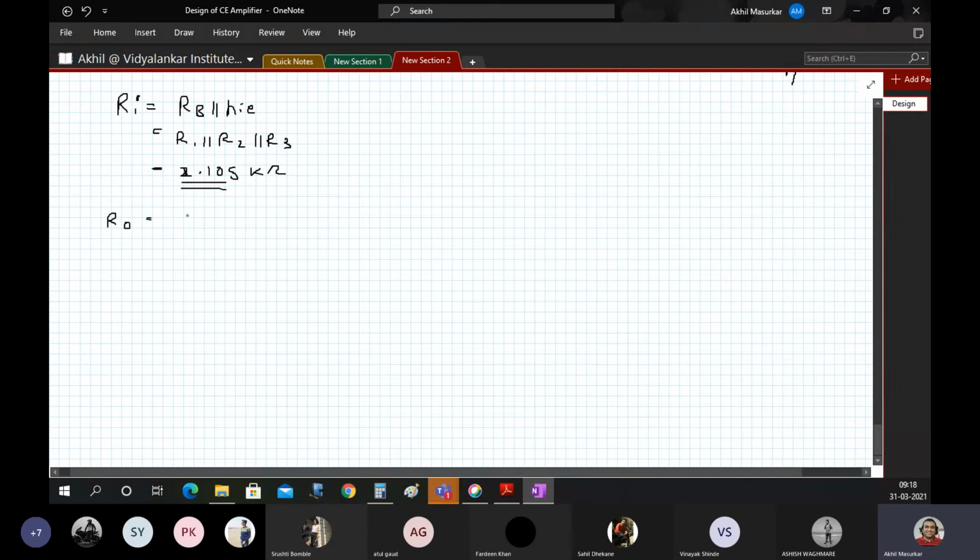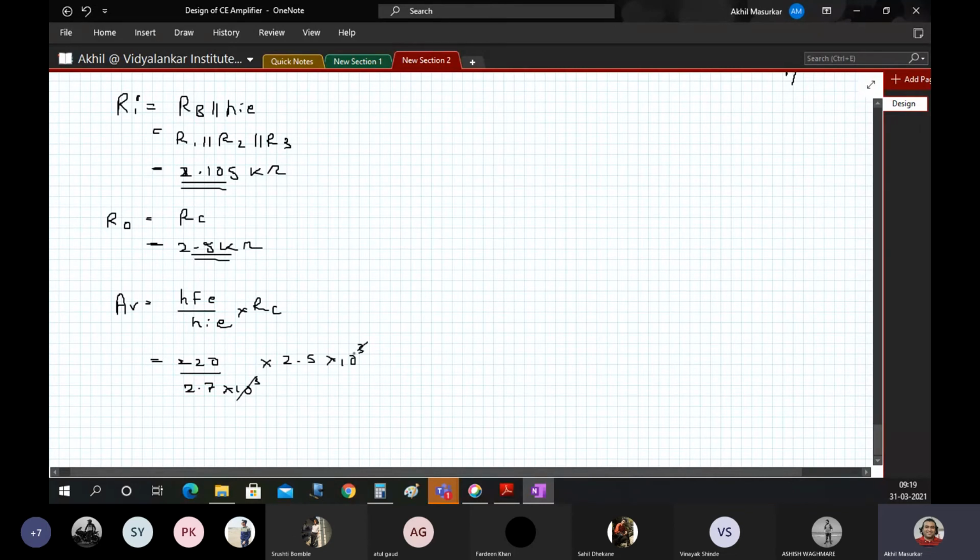Then Ro is equal to Rc, that is 2.5 kilo ohms directly, and Av is equal to hfe upon hie into Rc. So hfe is 220 upon 2.7 into 10 raised to 3, into 2.5 into 10 raised to 3.